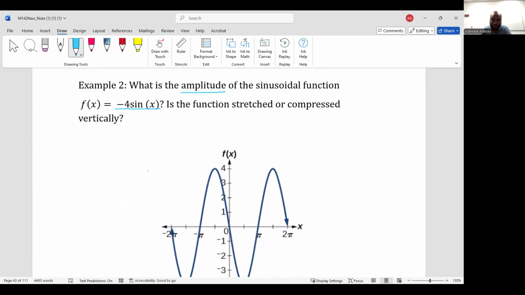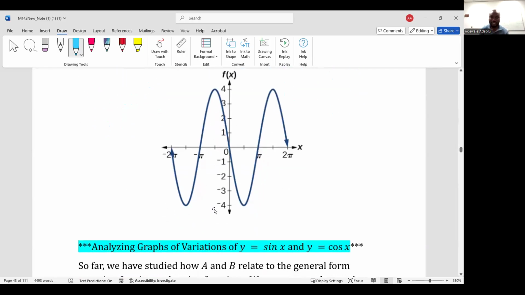Well, remember, we define the amplitude as the absolute value of A. Our A in this case is -4. So the absolute value of -4 is 4. Therefore, our amplitude is 4. And as you can see from its graph, the graph is as tall as up to 4.